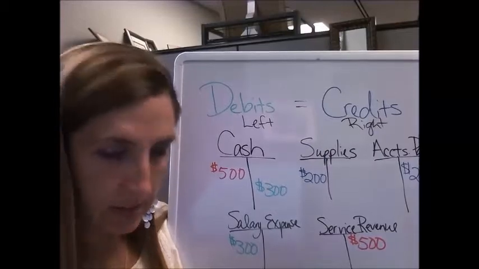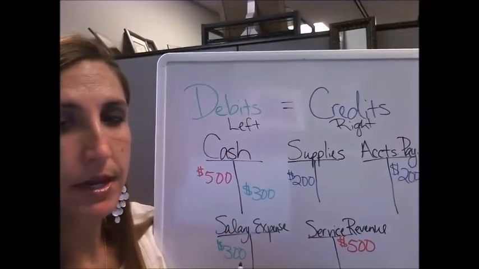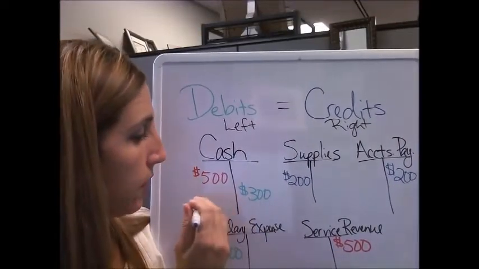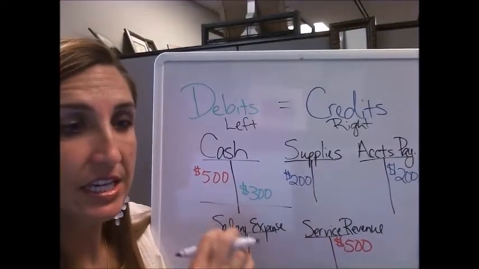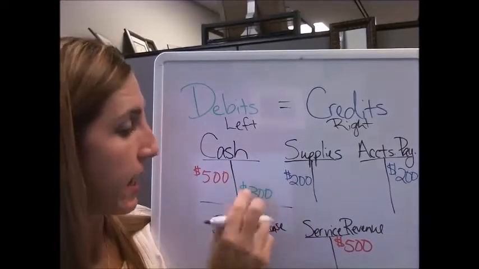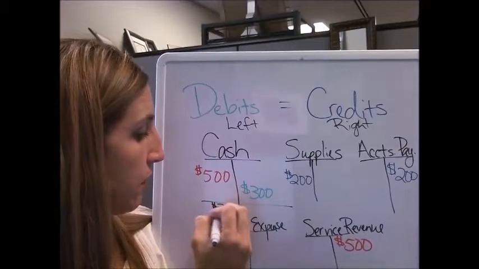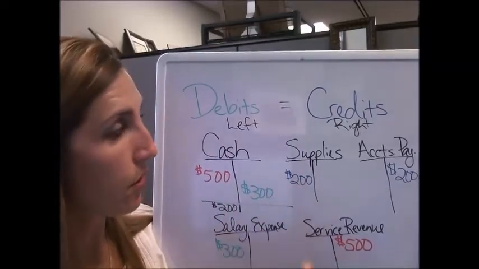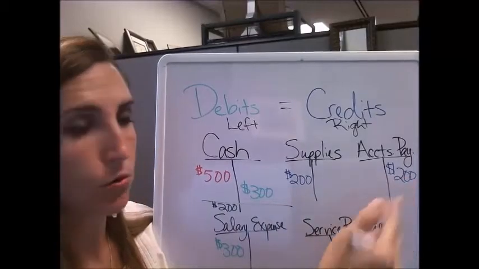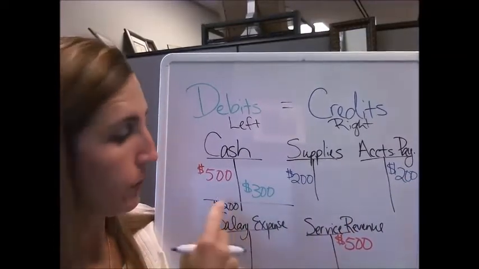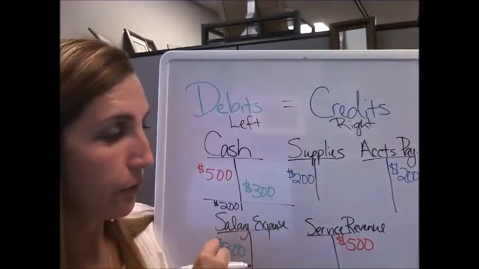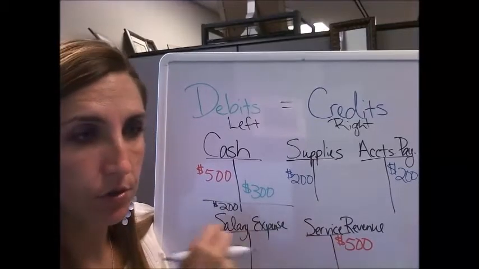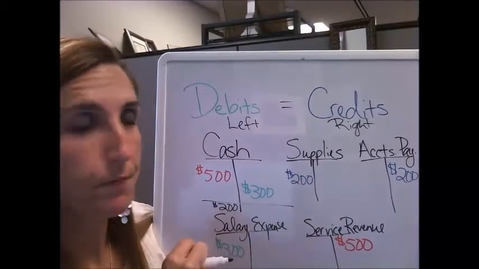So again, the debits and credits are just a balancing mechanism for us. We can look at each T and find the balance. This looks like I have $200 of cash left. When I look at that T account, I have $200 of supplies. I owe $200. I have $300 of salary expense recorded and $500 of service revenue recorded.